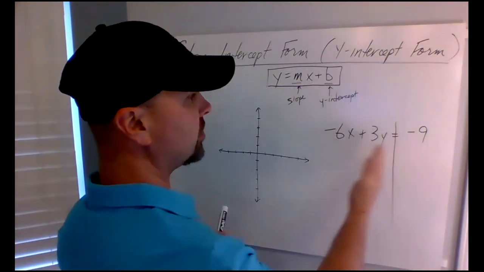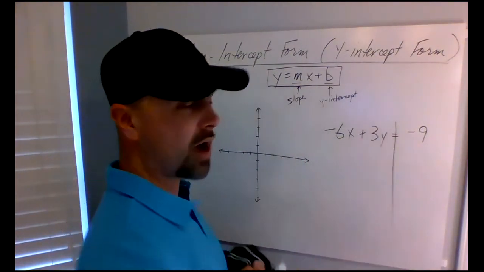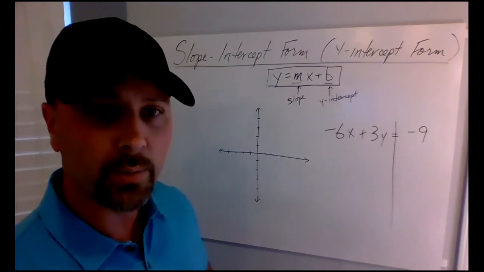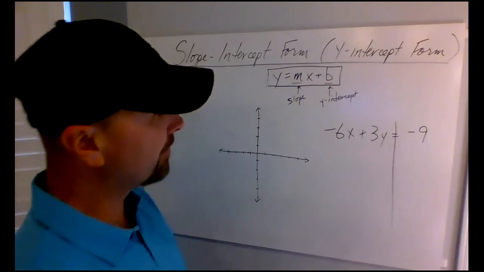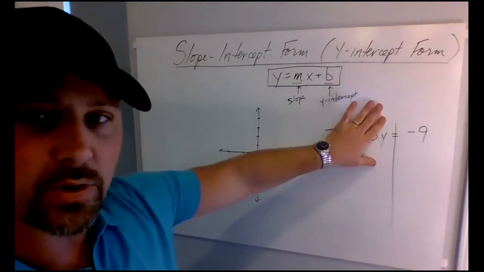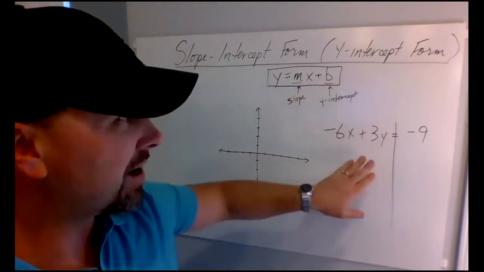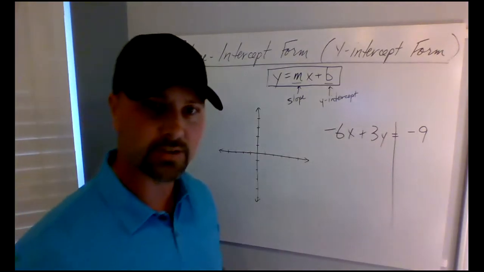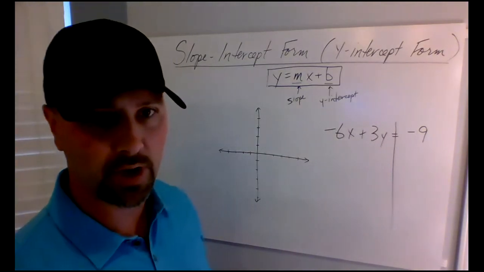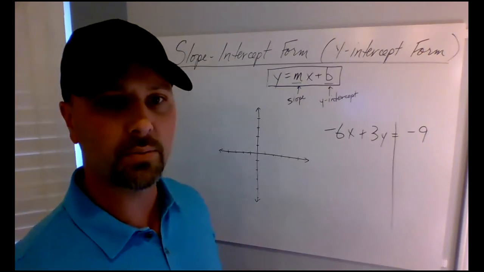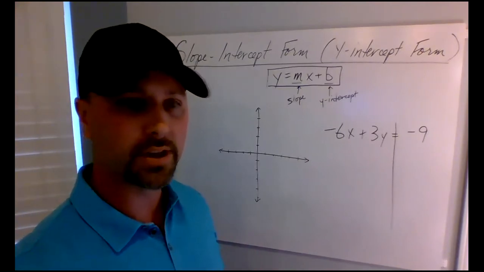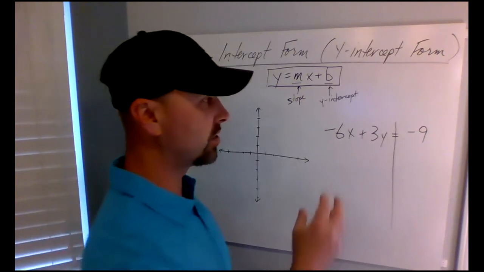Here's our linear equation, negative 6x plus 3y equals negative 9. Remember what our goal is, which is to isolate the y. Before, in the other ones that we've done, it was just a y there. Now it's got a number in front of it, and so that creates an extra step for us. Just like solving regular equations, the first thing that we start to eliminate is addition and subtraction, okay?